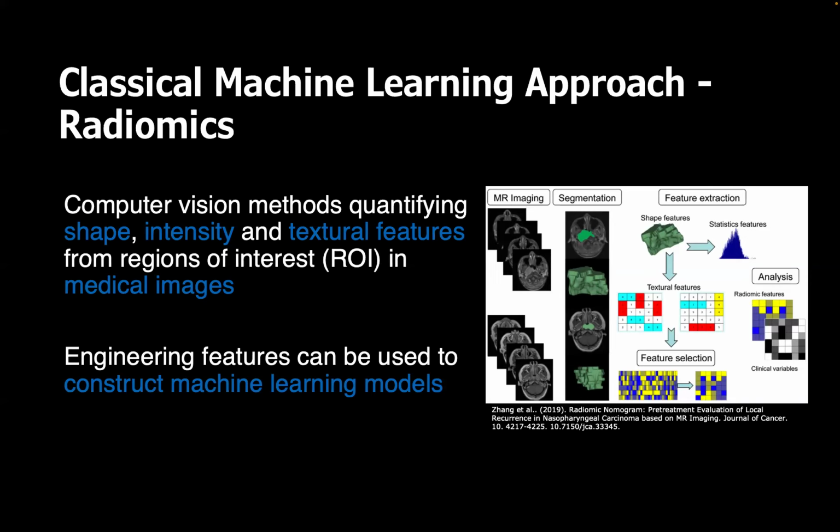And from that region of interest, we are going to quantify, using computer vision methods, shape, intensity, and texture features. Then we have tabular data describing this region of interest for each patient, and we can apply the traditional machine learning methods to predict the outcome that we want.